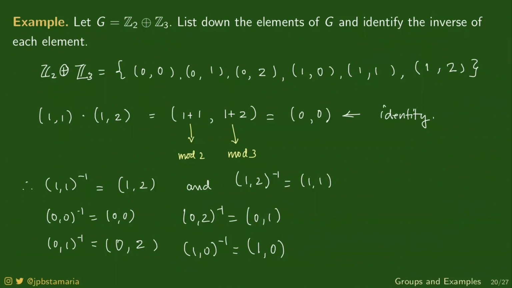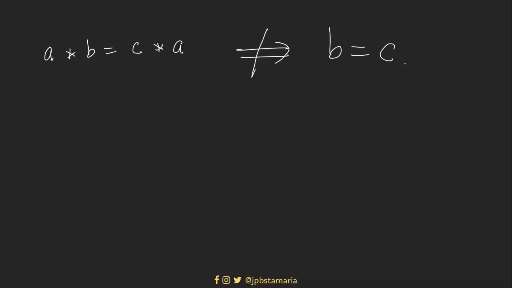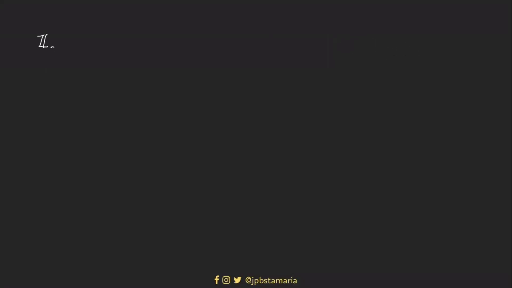Alam niyo saan ginagamit to? Ginagamit to in particular sa computer science. Halimbawa, pag ginawa niyo yung Z2 plus Z2, ano laman nito? 4 lang. Ito yung 0, 0. In particular sa computer science, ang ginagamit lang Z sub 2.